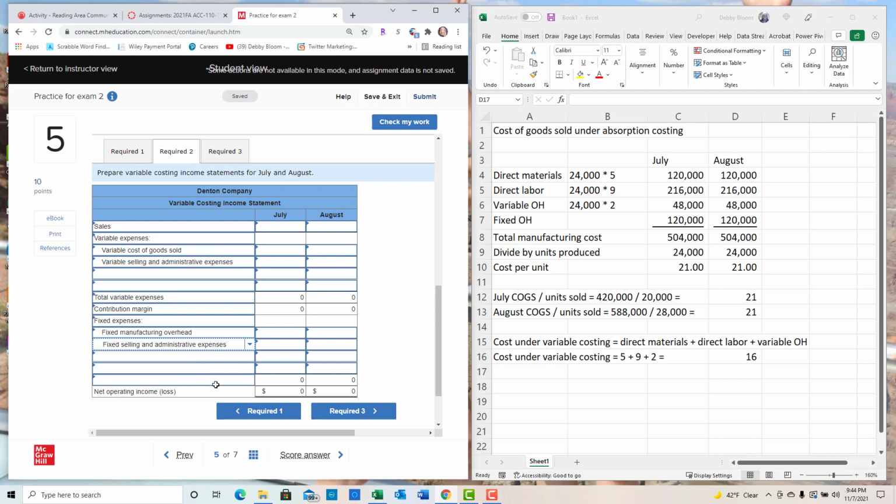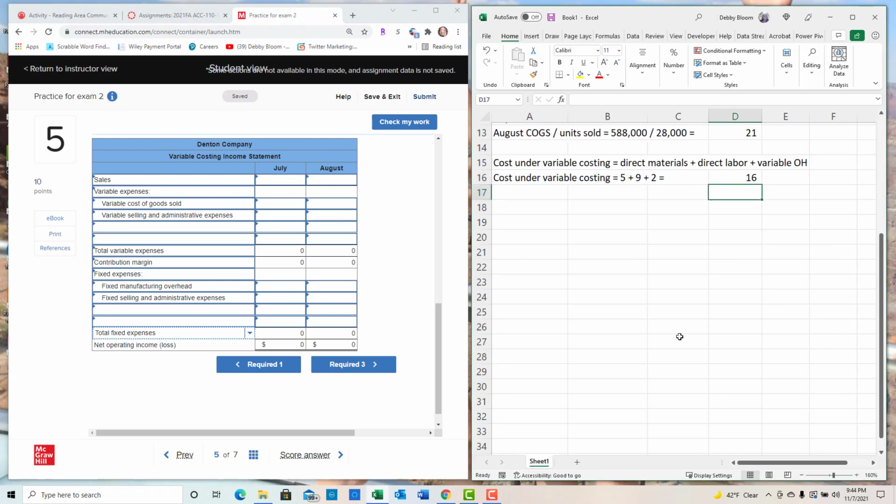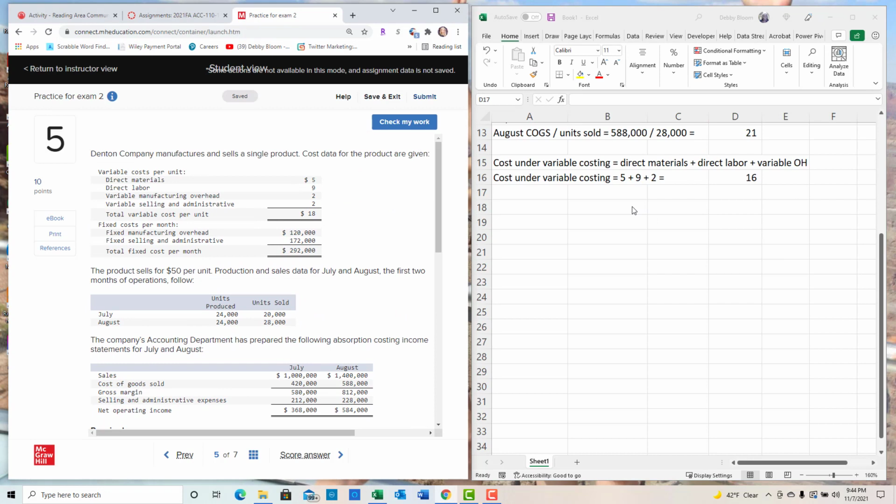So once we do those two, we subtract out our total fixed expenses to come down to our net operating income or loss. So let's scroll up, do the calculations on the right, and put in the numbers down below. So we're going to start off with July over here.